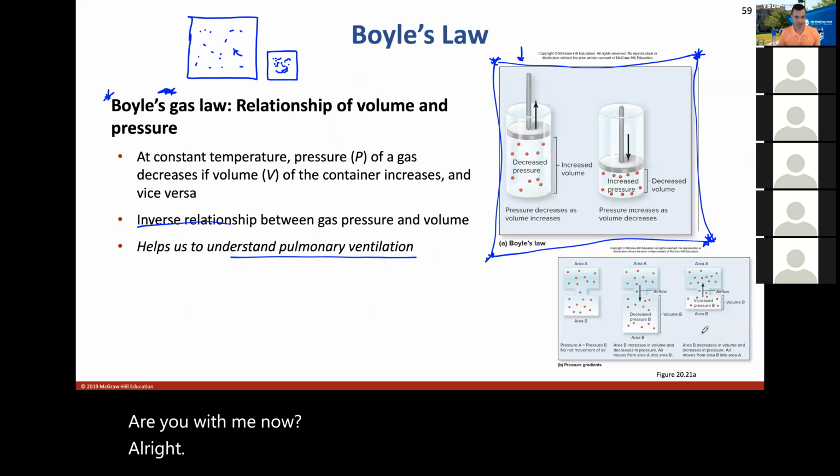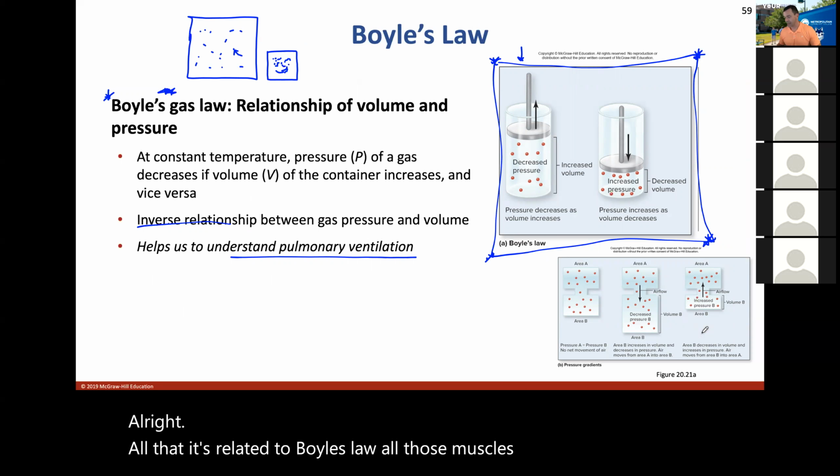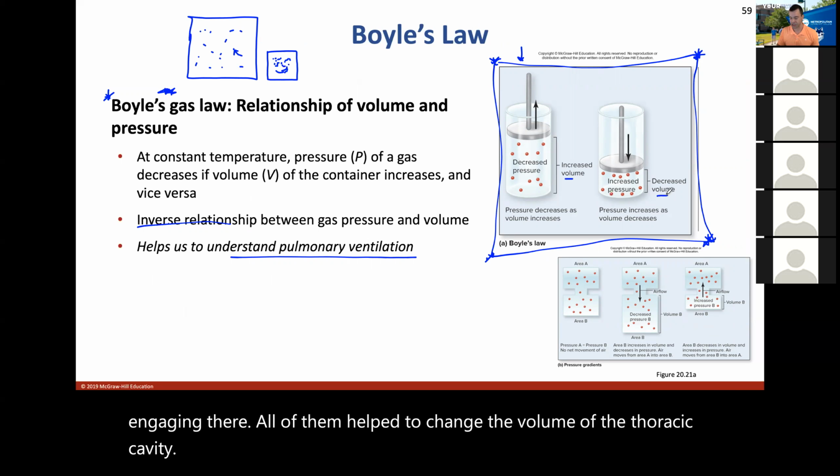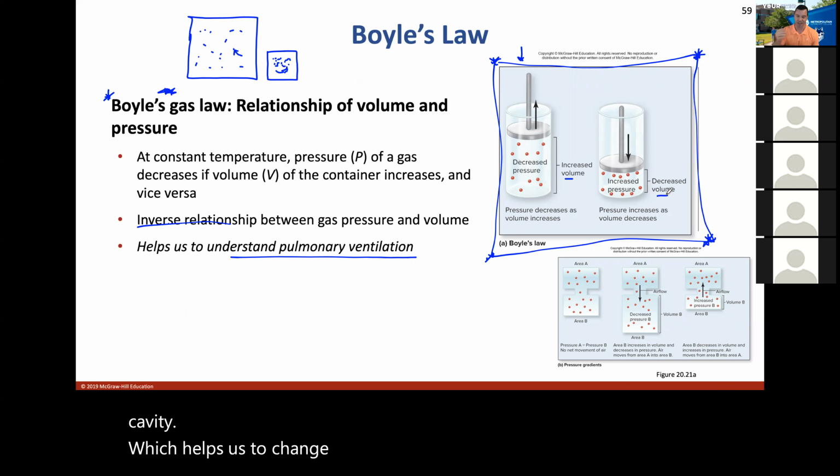Boyle's law. All of that is related to Boyle's law. All those muscles engaging and not engaging help to change the volume of the thoracic cavity, which helps us to change the pressure inside the lungs. Where is gas exchange occurring?